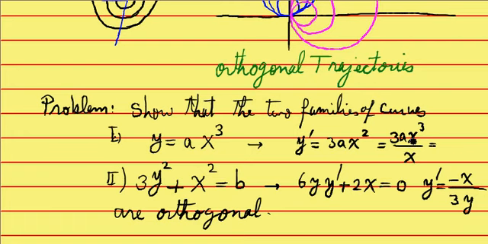Well, x cubed times a is just y, so I can write this as 3y over x. Now look at these two slopes. What is peculiar about them? Let me call this slope number 1 for the first family, and here's slope number 2 for the second family.